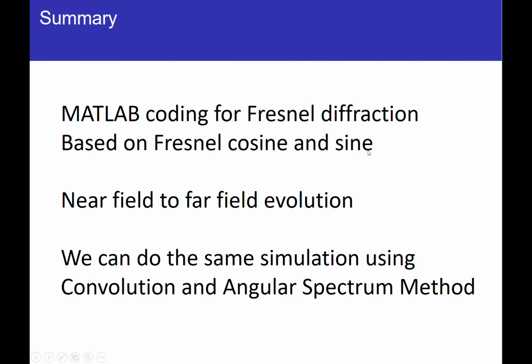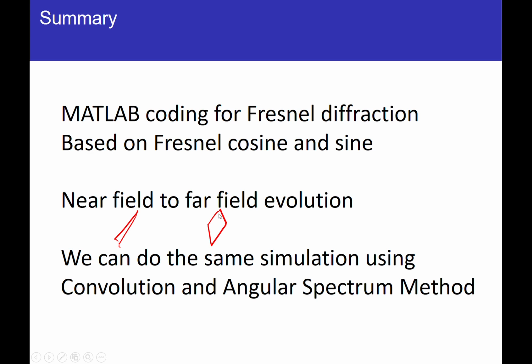And then once we know the Fresnel cosine and sine, we can evaluate the field and the intensity at the observation point. So what we have seen here is the near field to far field evolution for a one-dimensional slit and then a two-dimensional aperture. Okay, so we have seen how the slit is going to change, how the aperture is going to change.